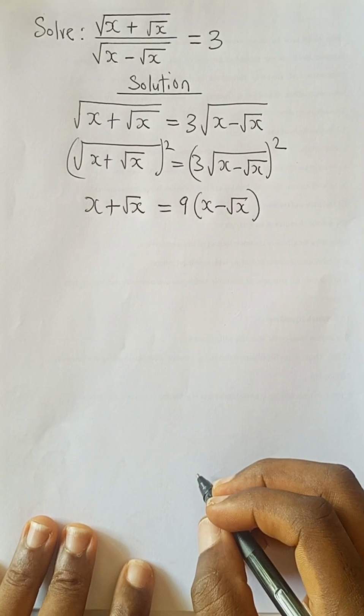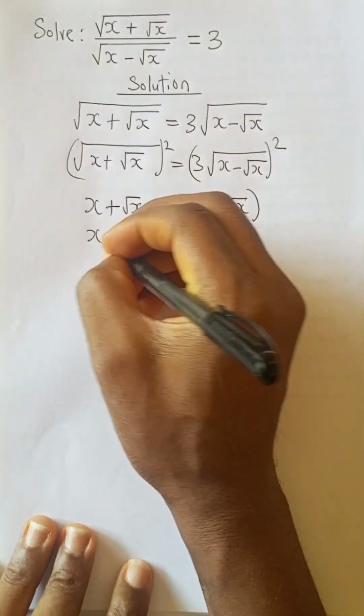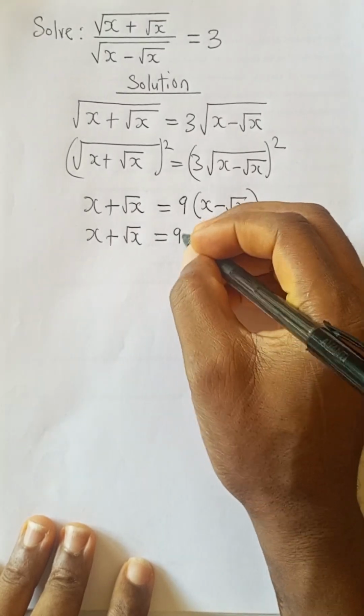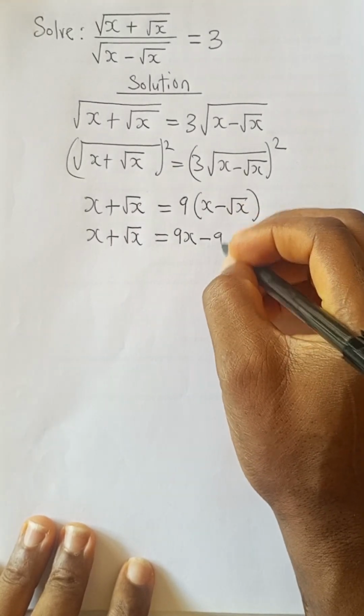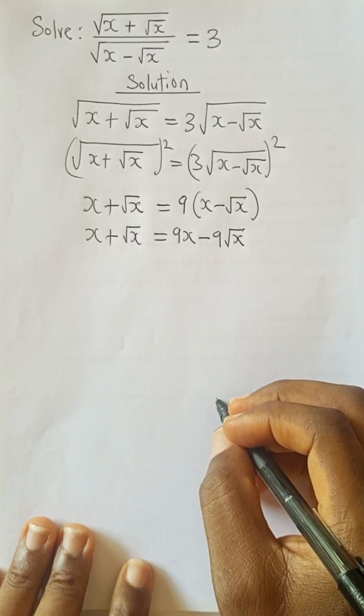So what do we do? Simple. Let's open the bracket, then we collect the ones that have roots to one side. So we have x plus root x equals 9x minus 9 root x. With that, we can now collect like terms.